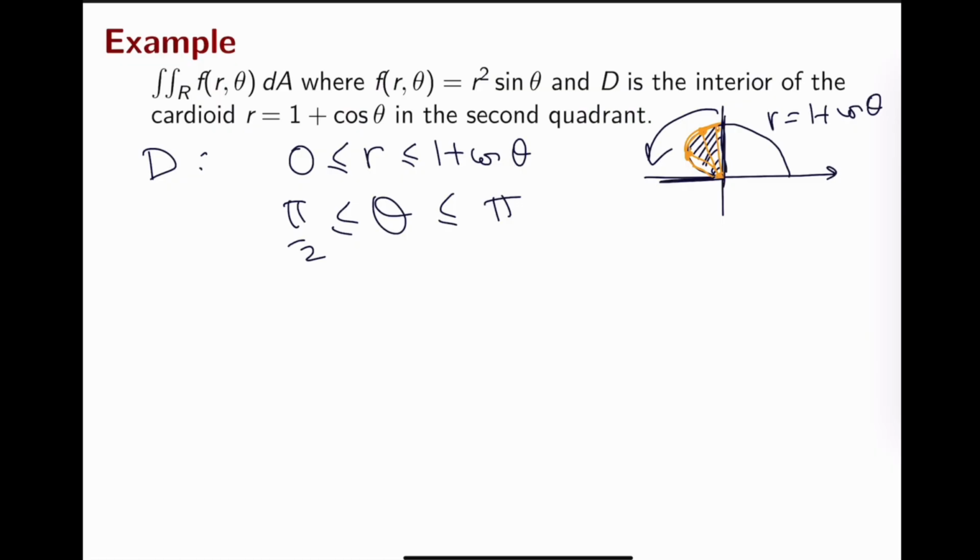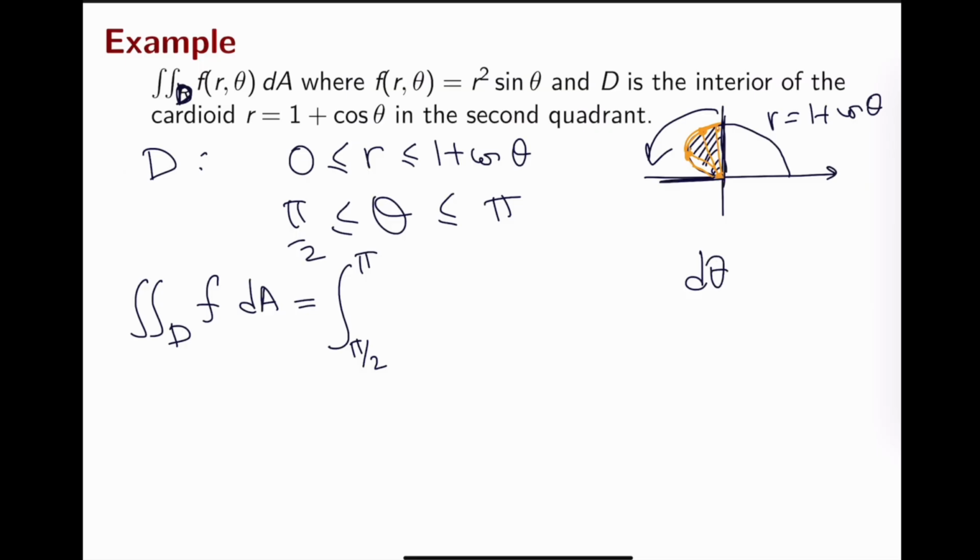Once we have the domain described in polar coordinates, we can say that the double integral over D, so here the domain is called D, of the function dA is going to be equal to the integral from this to this. We put the one that is constant first, from pi half to pi, and then it's going to be d theta here.